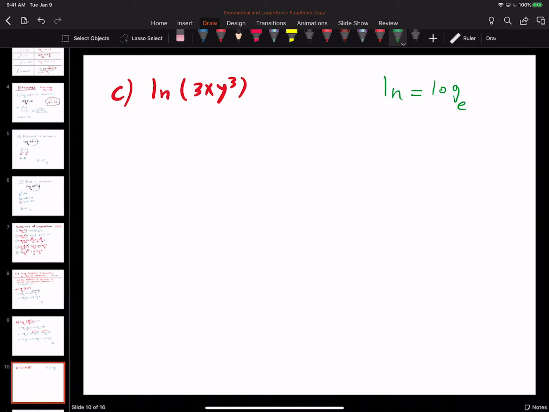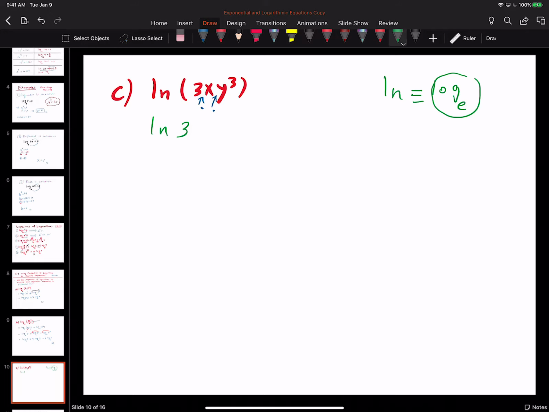Instead of writing log base e on the calculator keys, we just write ln for short. So ln and log are the same thing. ln of 3 x y cubed, because this one is a product and we have another product right here, we're going to change them to addition.